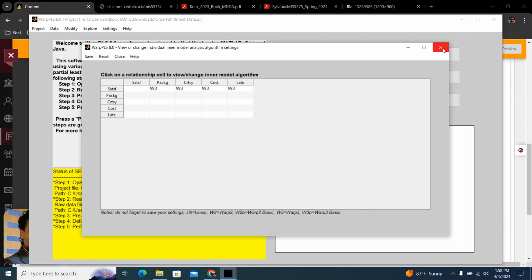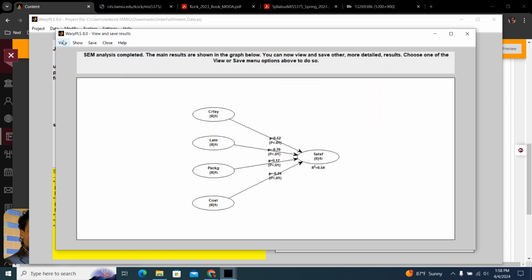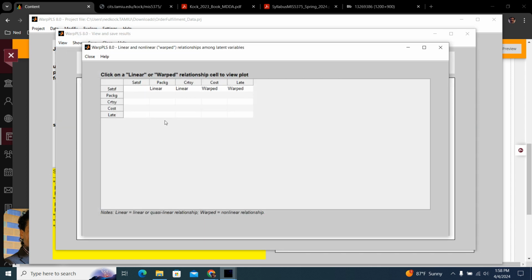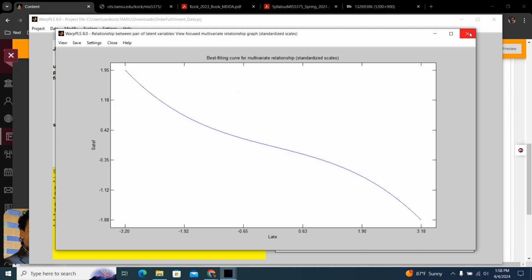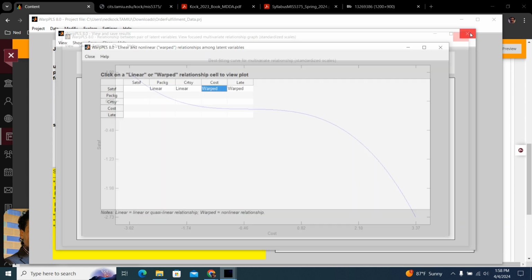So what we ended up with are results that take nonlinearity into consideration, which is not necessarily wrong, but it's not what is in the textbook. So a couple of the relationships ended up being identified as nonlinear. This one quasi-linear, and this one a little bit more nonlinear.